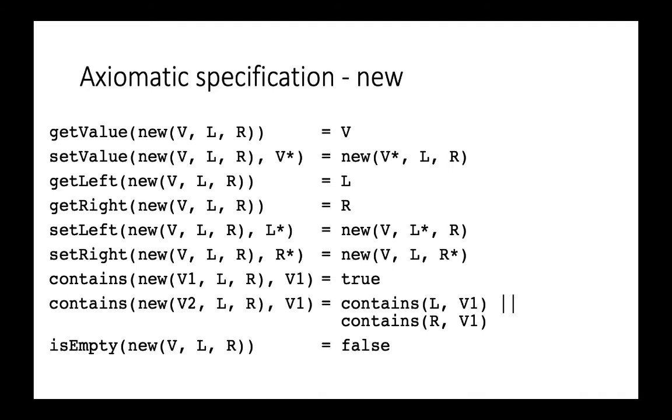That's what's at the bottom underneath the leaves. And sure enough, empty tree says, oh, that's well defined. We have an empty tree constructor, and the contains on an empty tree is, in fact, always false. And then, of course, a non-empty tree would always say false for is empty. So that's motivating why you generally don't want to use null as sentinel values in data structures, although you'll see it done all the time.